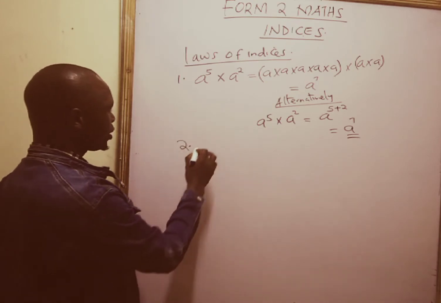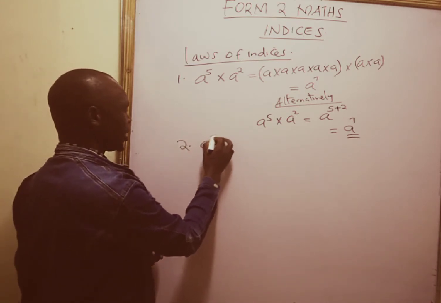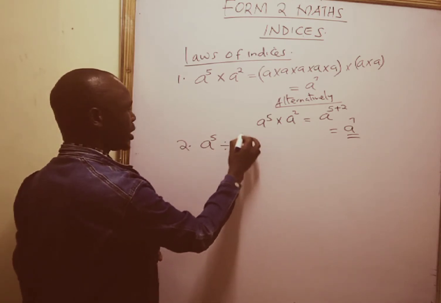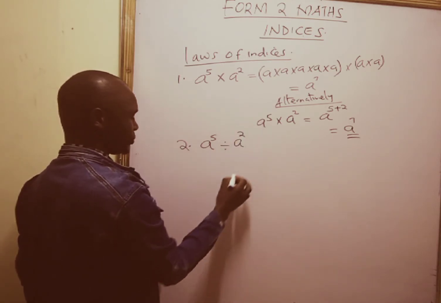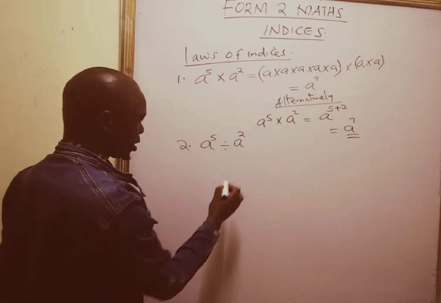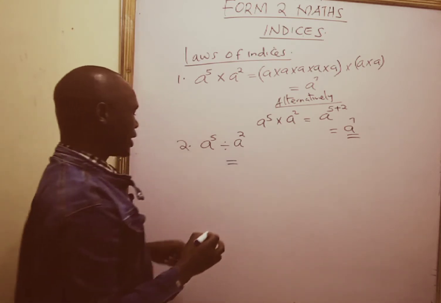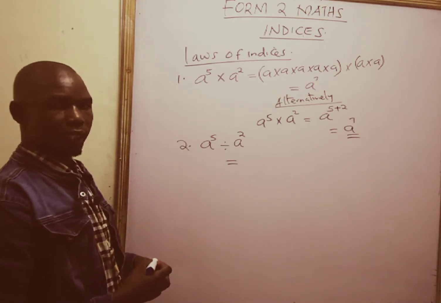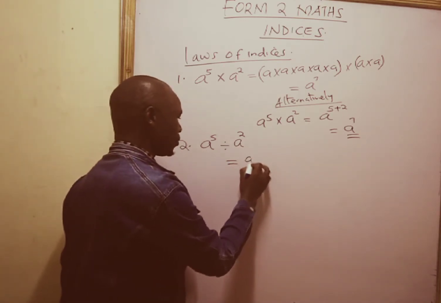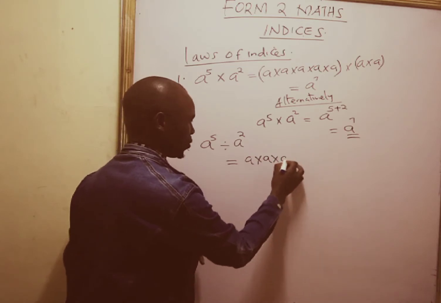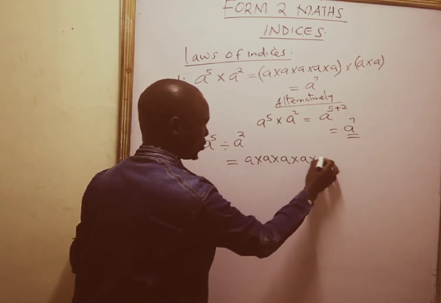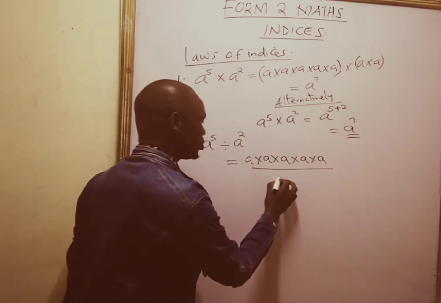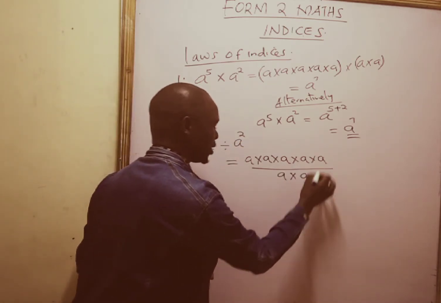2. What if you have a raised to power 5 divided by a raised to power 2? This is the same as saying we have a raised to power 5, which is a multiplied by a 5 times, divide by a power 2 is written as a times a.